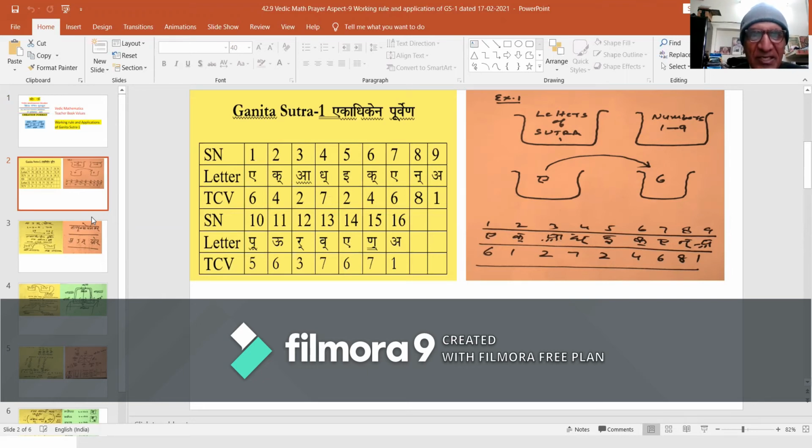These 16 letters of Ganita Sutra 1 sequentially preserve the structural keys of the mathematical domains of Ganita Sutra 1 to Ganita Sutra 16. The first letter of Ganita Sutra 1, A, the sixth vowel, is the structural key of Ganita Sutra 1 itself.